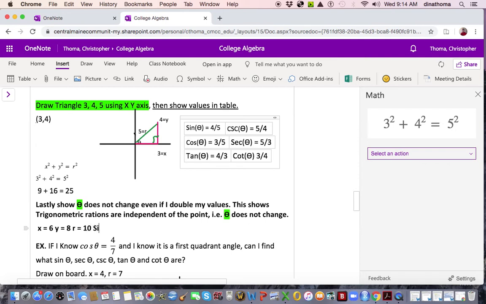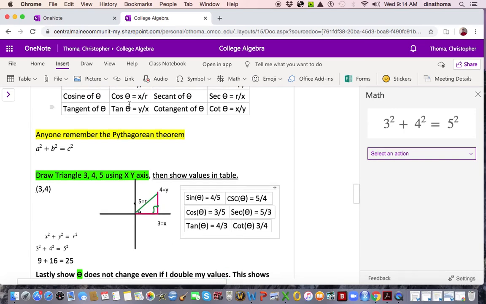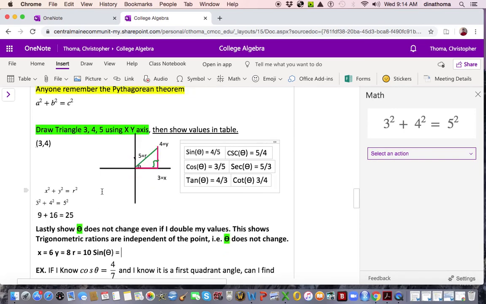If I go to find the sine of theta, let me go back to our table to confirm, y over r. So y is 8 over r, which is 10, which simplifies back down to 4/5.